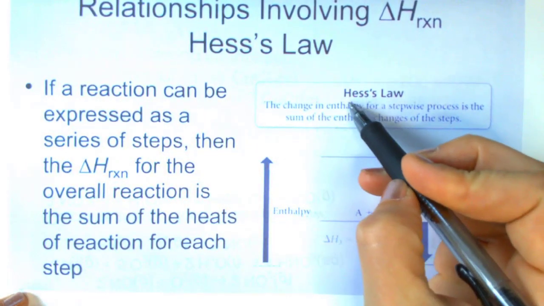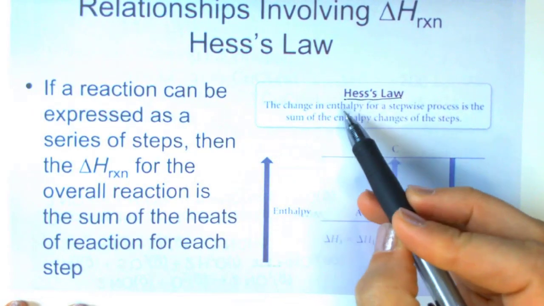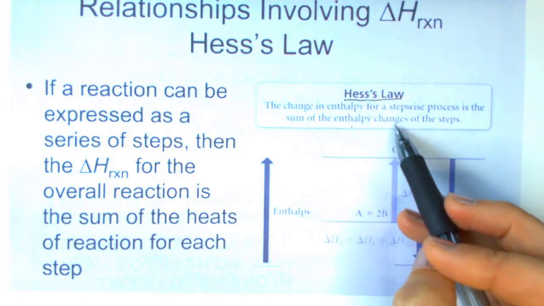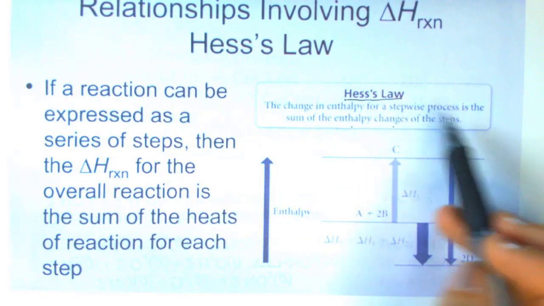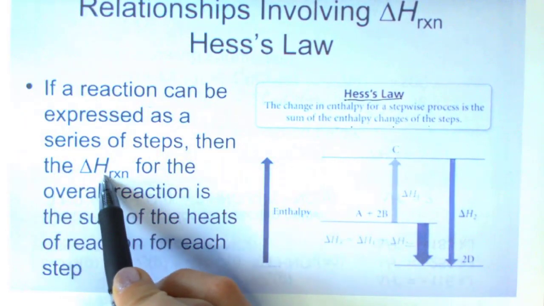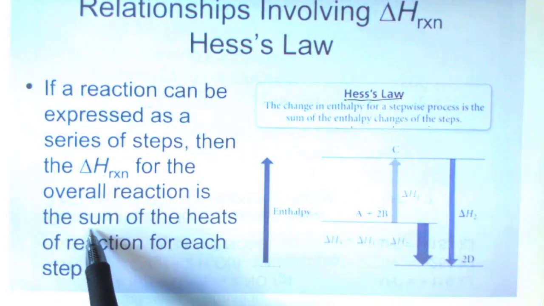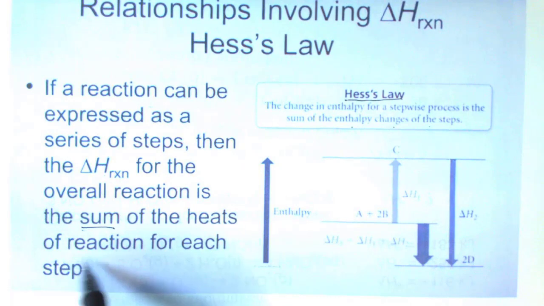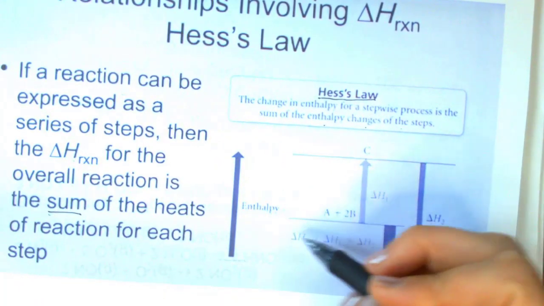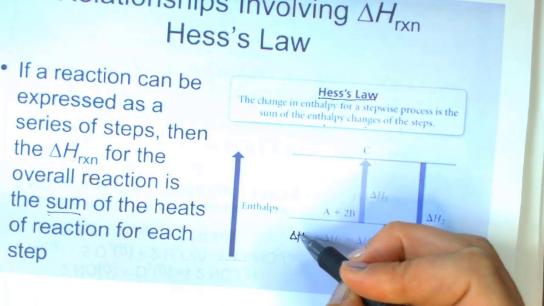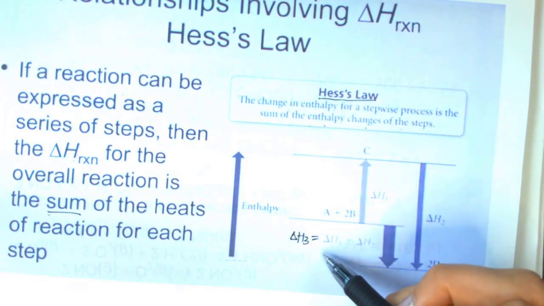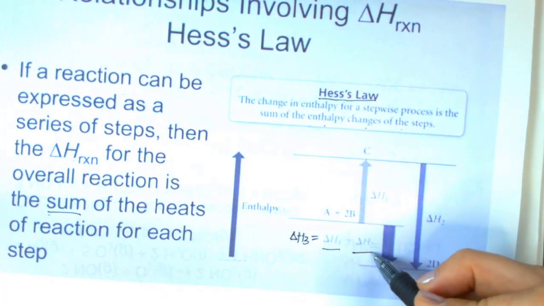Then, continuing, Hess's law says the change in enthalpy for a stepwise process is the sum of the enthalpy changes of the steps. So, if a reaction can be expressed as a series of steps, the delta H for the overall reaction is the sum of the heats of reaction for each step. So if we were to look at this and say, okay, delta H for number 3 is the sum of number 1 and number 2.